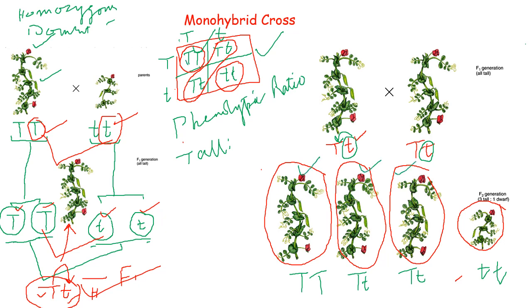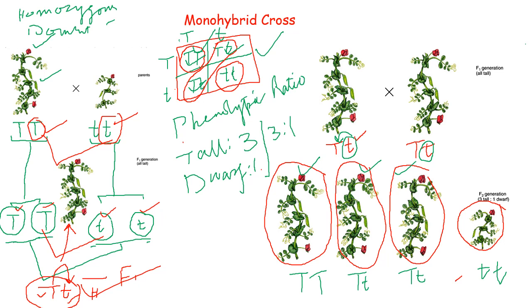TT will be tall, and capital T and small t will also be tall. So tall will be 3. How many plants will be dwarf? Only one plant is dwarf. The phenotypic ratio is based on the external appearance of the plant. So we have three tall plants and one dwarf plant. So the phenotypic ratio is 3:1.